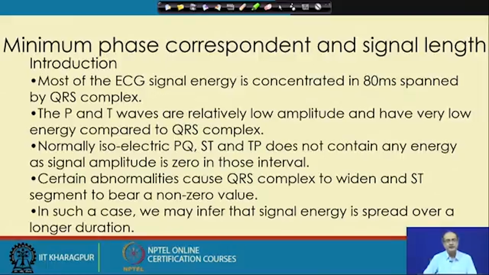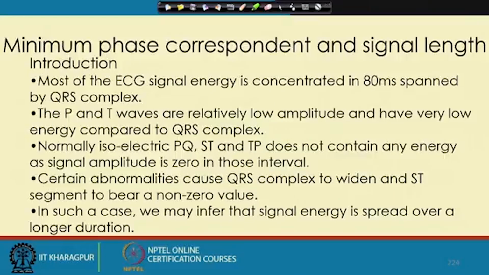In fact, if someone is interested in capturing the high frequency noise, those are the places you can look at, where there is no ECG signal present. So, whatever we are acquiring there is actually interfering noise.